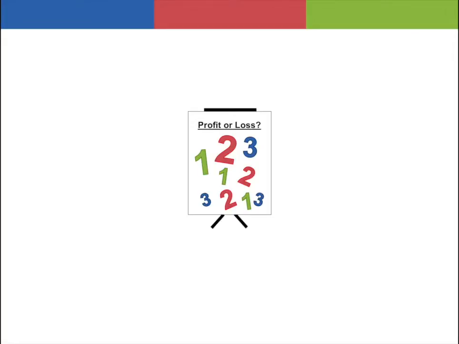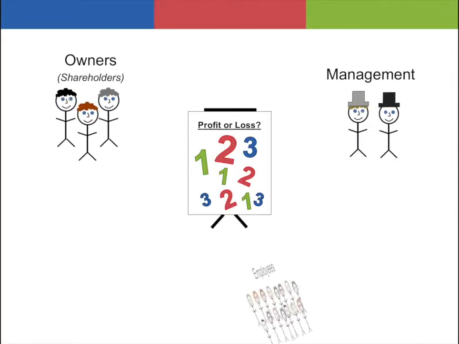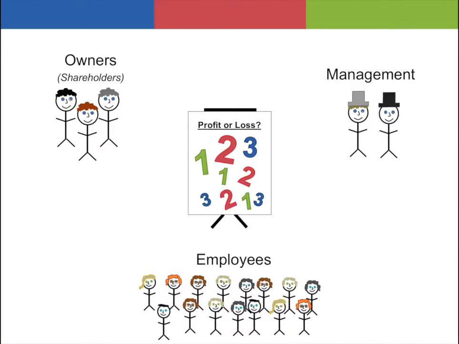Users of the accounting information like the owners, shareholders, management and employees will be interested to know how the actual profits of a business compare to the profits that they hoped to make.